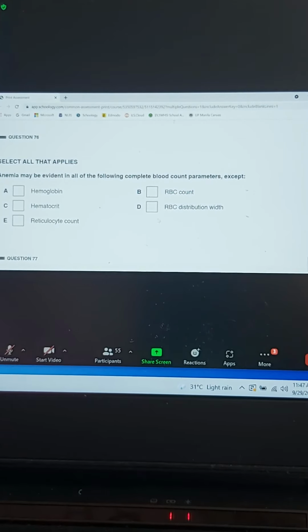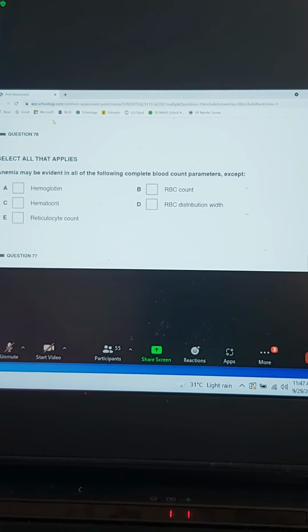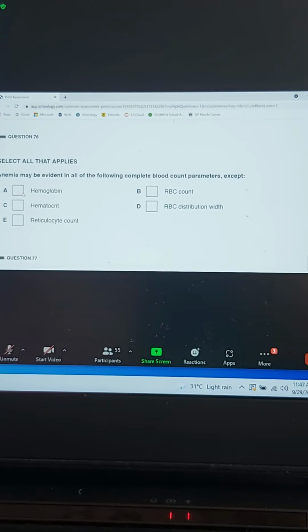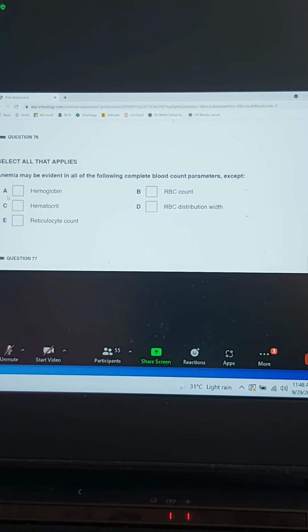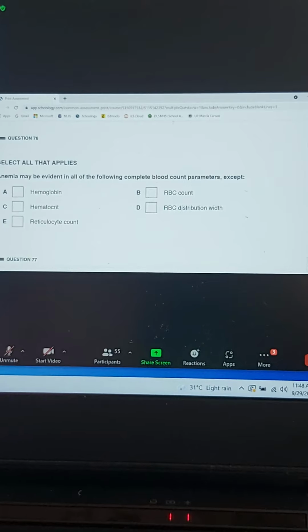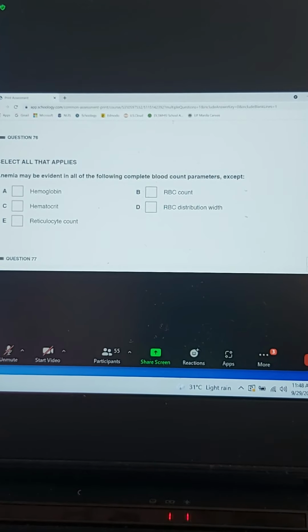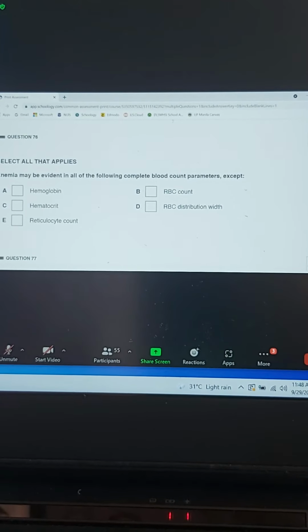Sa hemoglobin ba, letter A, kapag abnormally low siya, or kapag mababa siya, anemia na ba yun? Kasi hindi naman natin tinitingnan yung mataas na hemoglobin. So, tinitingnan natin kung normal or mababa. Kapag mababa ang hemoglobin, we can say na anemia na yun. Yes po. Definitely, di ba?